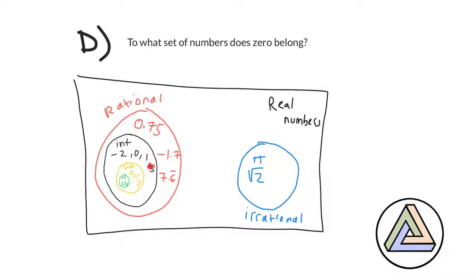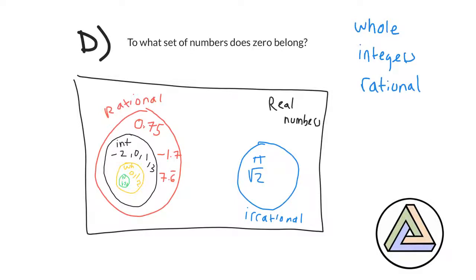And if 0 belongs in integers, then you know that 0 is a rational number as well, because if all integers are inside rational numbers, then 0 is inside rational numbers as well. So really the answer is the set of numbers would be whole numbers, integers, and rational numbers.